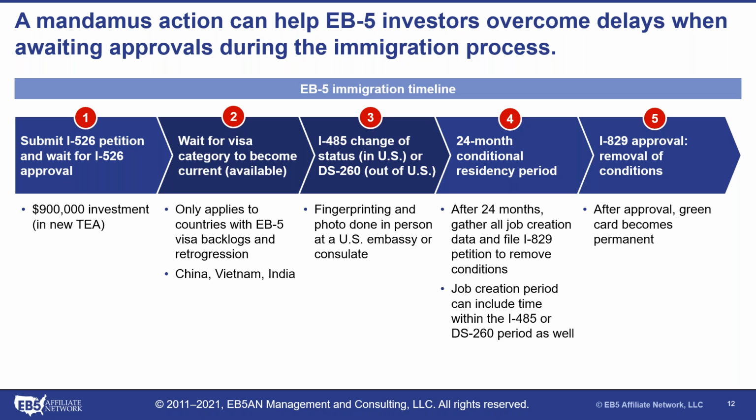Then once that's completed, then the final step is the I-829 removal of conditions, which makes that temporary green card permanent. And so today, what we're going to be focusing on is the mandamus action and other administrative remedies for how investors can expedite or accelerate through delays, primarily applying to steps 2 and 3.